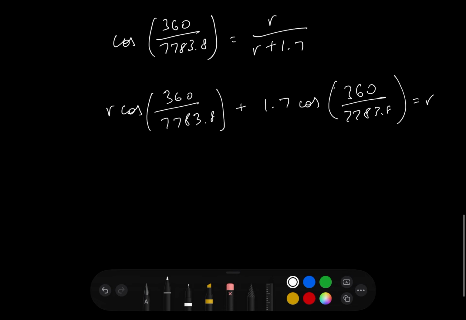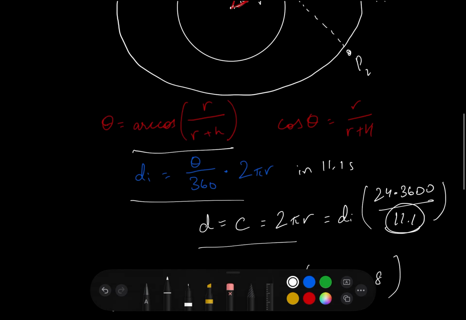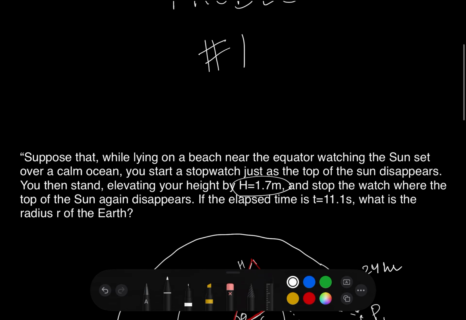And so r is just equal to 1.7 cosine of 360 by 7783.8 by 1 minus cosine of 360 by 7783.8. And all of this turns out to be 5.2 times 10 to the 6, and our unit is meters because h is in meters.